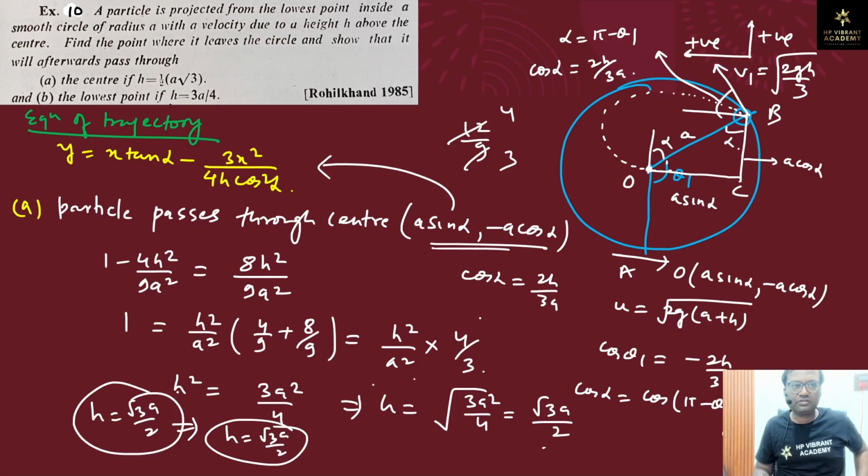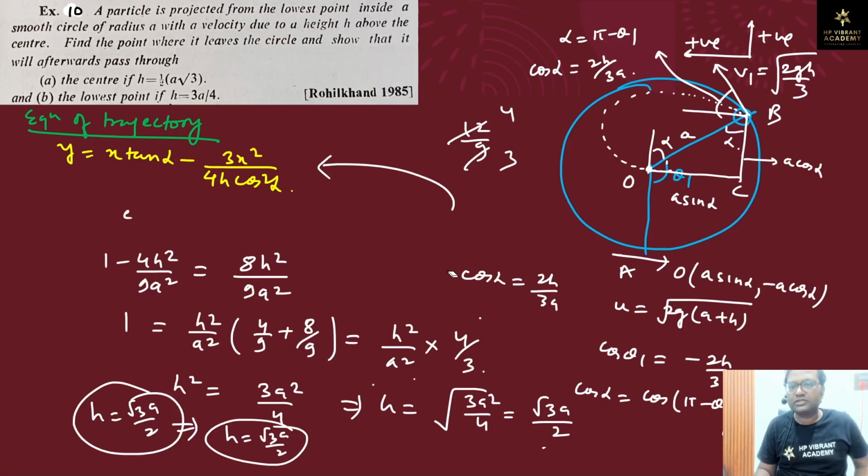Okay, so let us solve part B of this question. In part B we have the particle passes through the lowest point. Let us draw the trajectory.